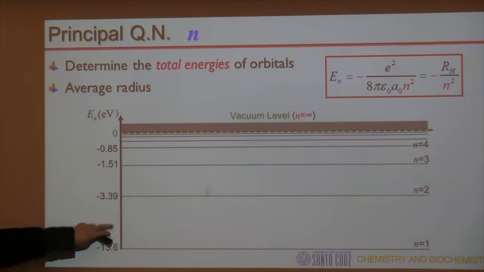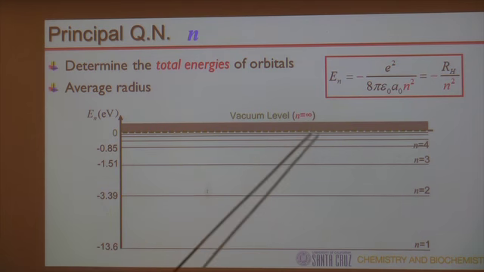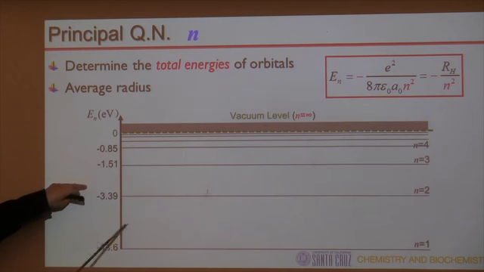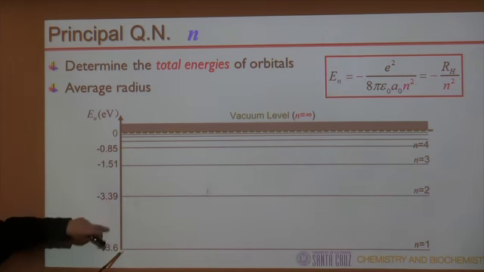Can we still remember this figure? This part is the same as the Bohr model. This is the energy level we used in the Bohr model, and it follows the equation for the hydrogen atom. Each has different energies: the ground state, first excited state, second excited state.